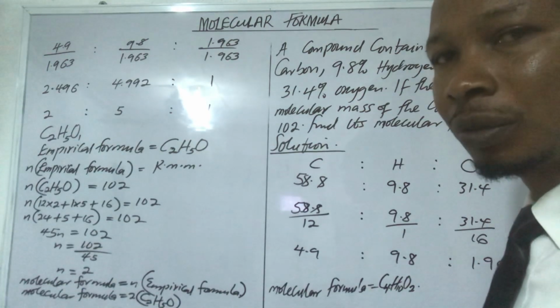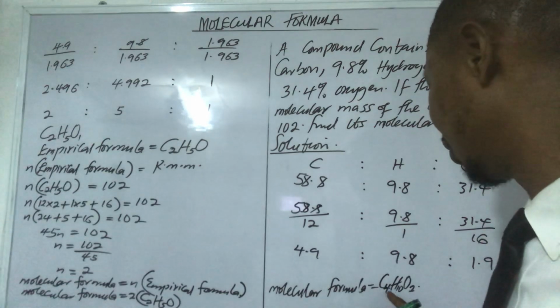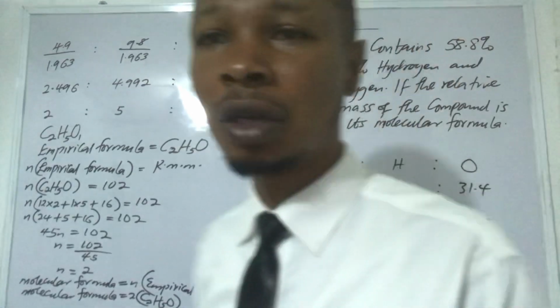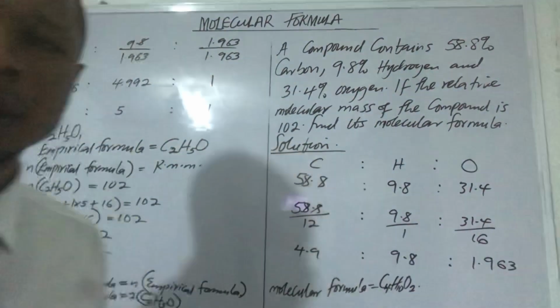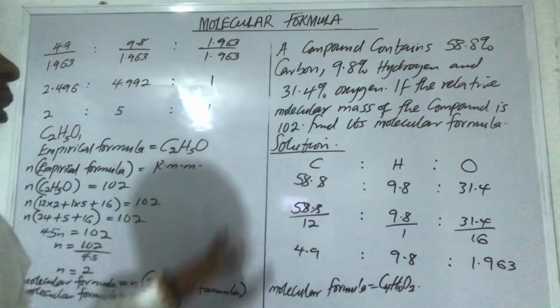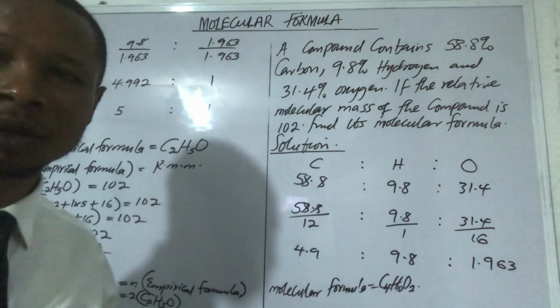So the molecular formula now is C4H10O2. So this is how you calculate the molecular formula of a compound from the empirical formula to the molecular formula. This is how you set them out.